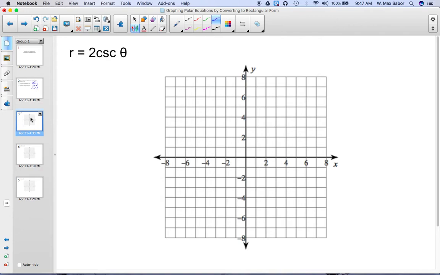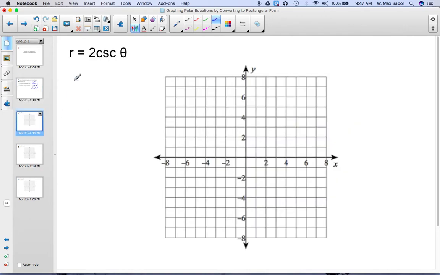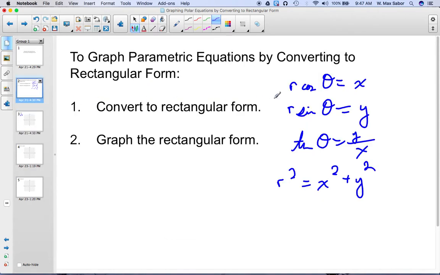So r equals 2 cosecant theta. That does not have any of these things that we were referring to. But let's see if we can move things around so that it does. Cosecant is 1 over sine, so this is 2 over sine theta. Each of these, except for tangent, needs to be multiplied by r in order to turn into x or y.